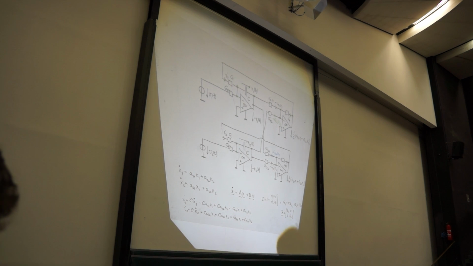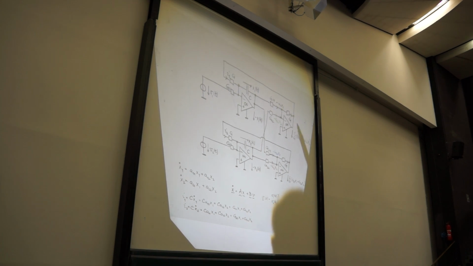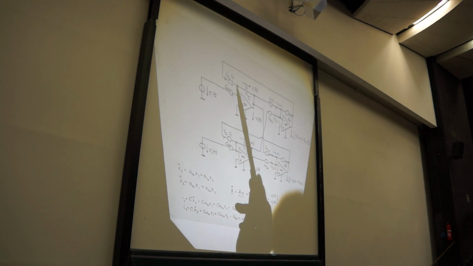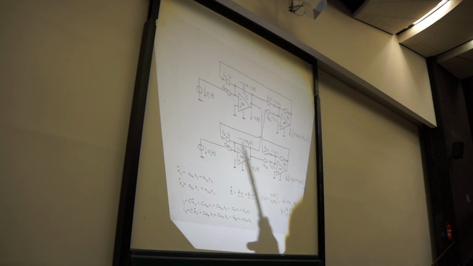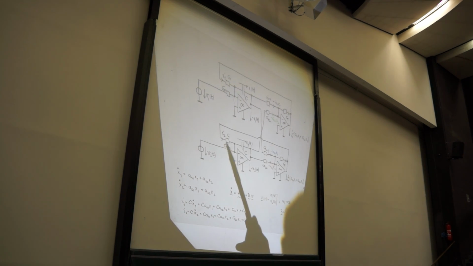The first thing we looked at is what current will flow in a conductance which we connect from these two outputs, each one to ground. Since we know this is virtual ground, whether we connect these conductances to real ground or to virtual ground will not change the current which flows through it.